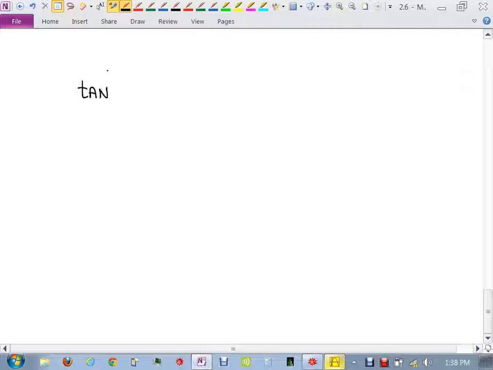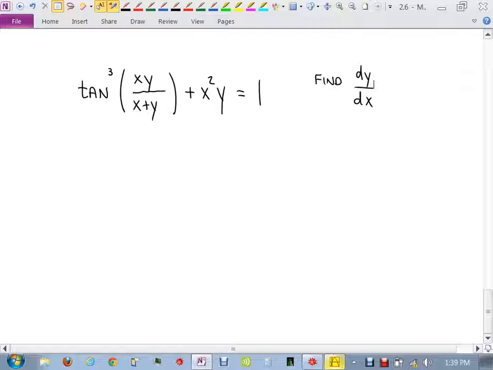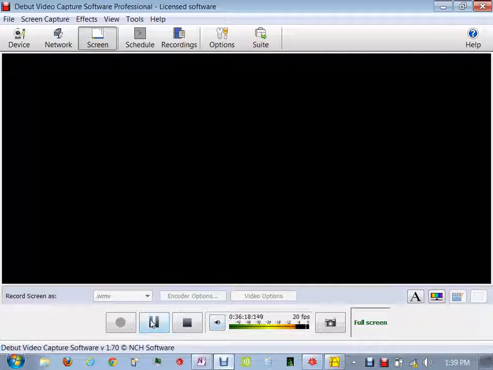Tangent cubed of xy over x plus y plus x squared y equals 1. I want you here to find dy dx. And I'll give you about 5-10 minutes. I'm going to pause the video while this.